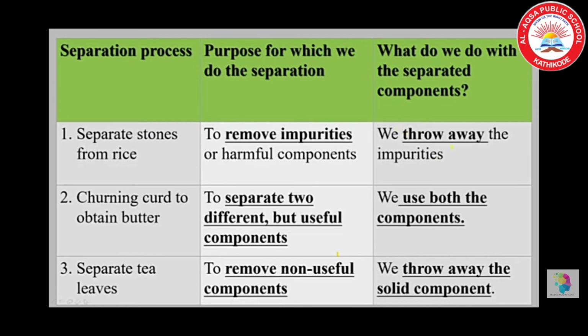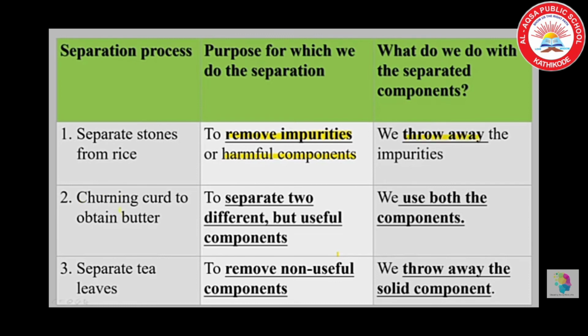Why are we separating? Yes, these stones are impurities or harmful components. So, what is the purpose? To remove impurities or harmful components. Then, what are we doing with those impurities? That is the third column. We throw away the impurities.